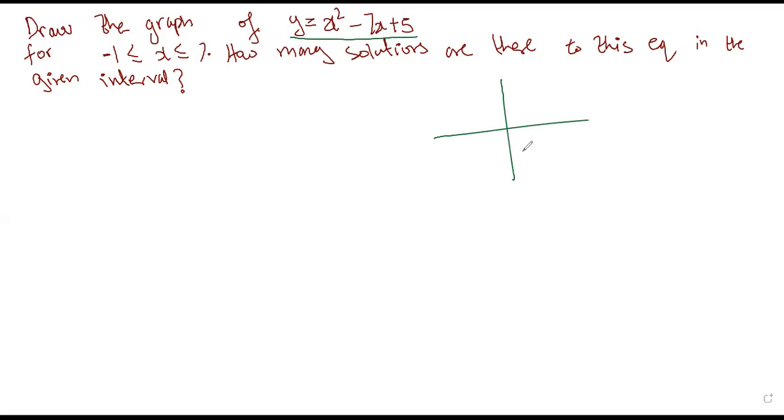You would be able to know if there is a solution or not, but it could also be that you are not able to know. What if, okay, this is -1 and this is 7.